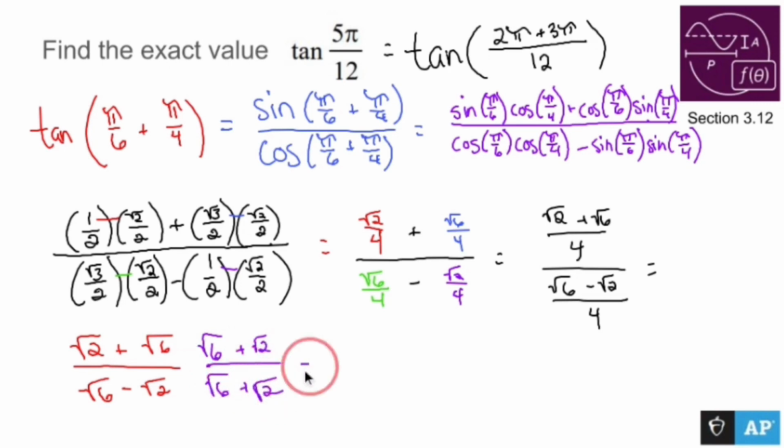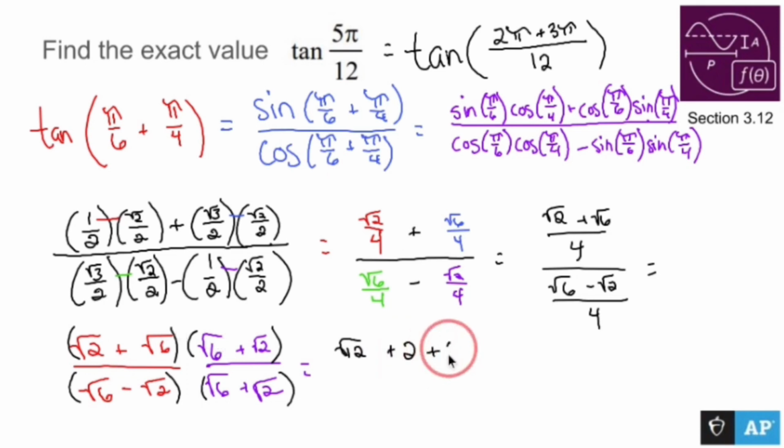Now, upstairs, it doesn't give us difference of squares. It just FOILs out. So if you were to put these in parentheses, you would FOIL things out. Root 2 times root 6 is root 12. I can simplify that. Root 2 times root 2 is 2. Root 6 times root 6 is 6. And root 6 times root 2 is root 12 again.